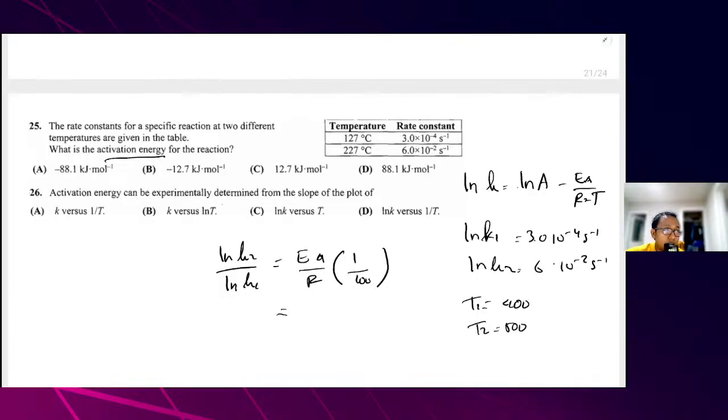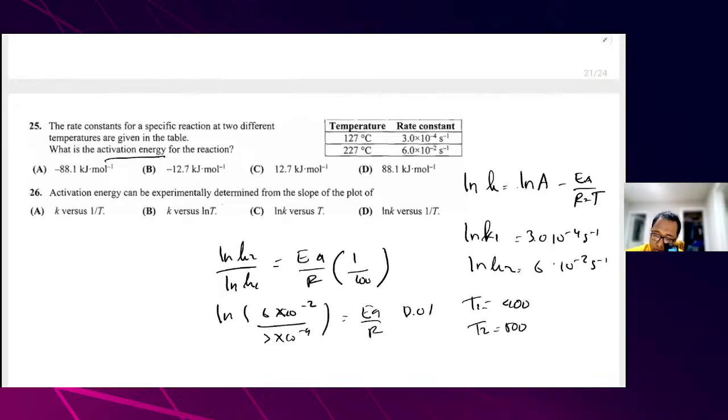Okay, and then in this case we know that ln of 6 times 10 to the minus 2 over 3 times 10 to the minus 4, and then we know EA over R is 0.01.